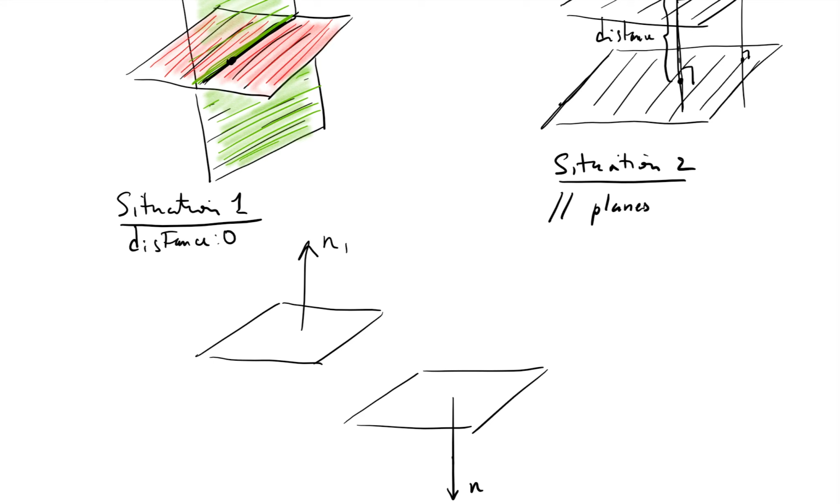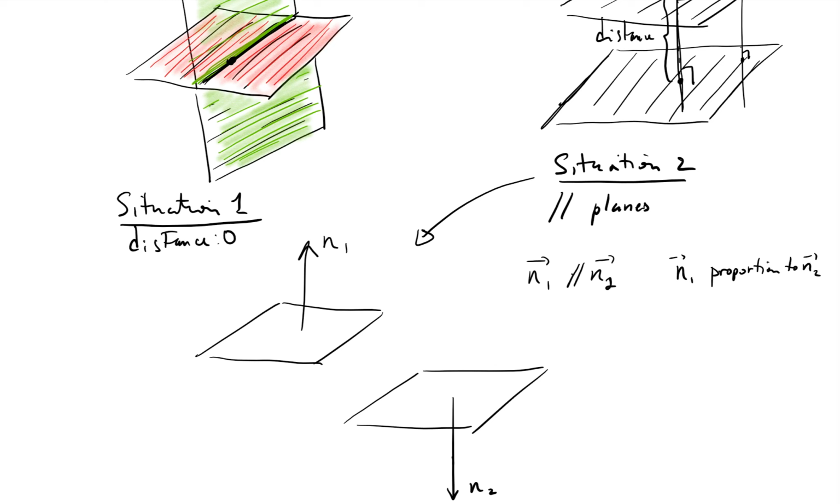But let's say this is N1 and N2. If you have parallel planes, the normal vectors will also be parallel. So N1 and N2 are going to be parallel in this situation. So I'm in situation number 2. And if they're parallel, that means that N1 is proportional to N2.